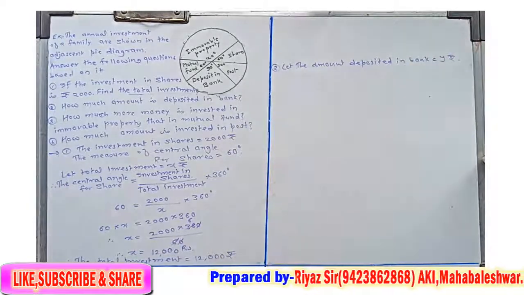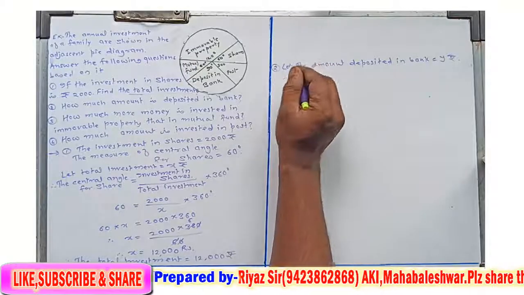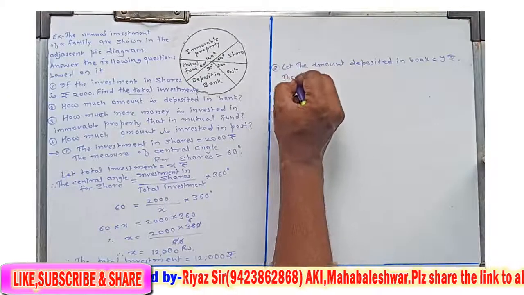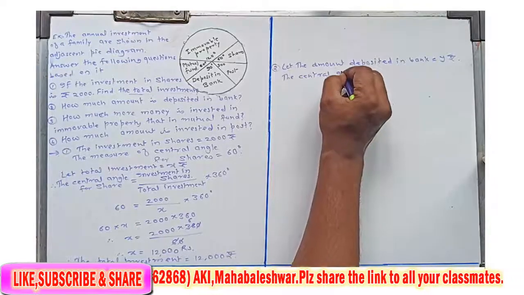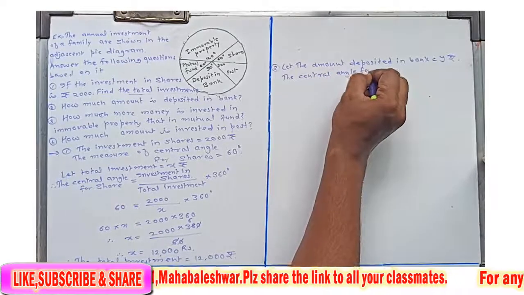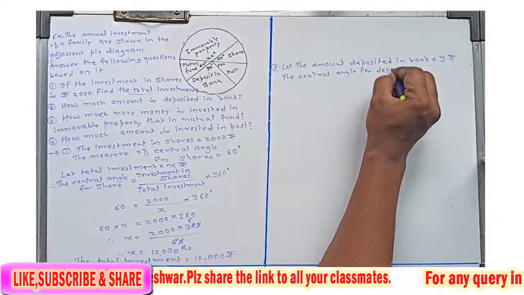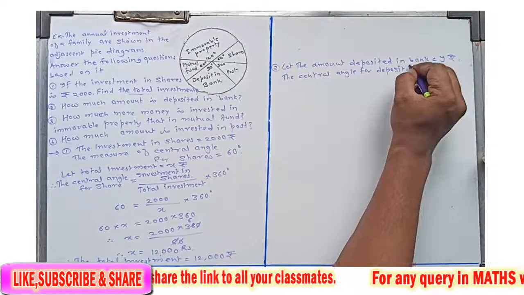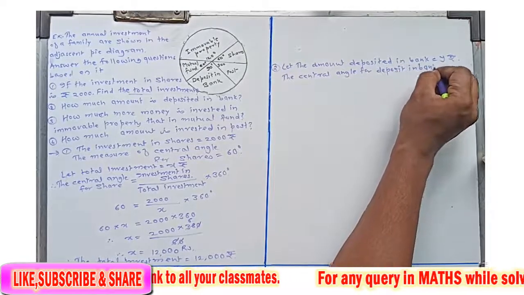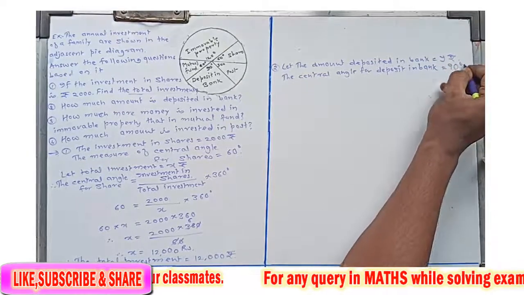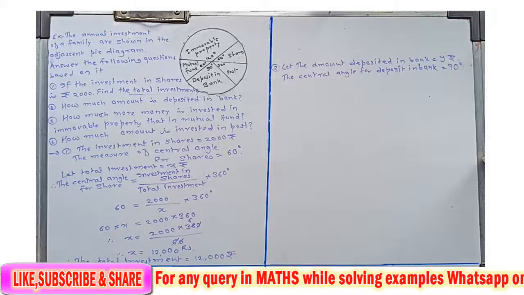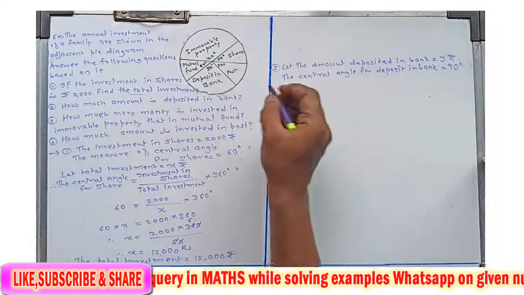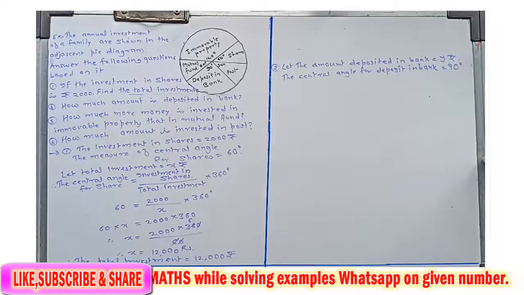Now after that, the central angle for deposit in bank is given, it is 90 degree, right? It is 90 degree. And we have to find the amount deposited in bank.